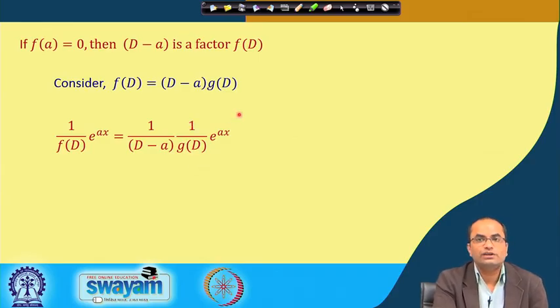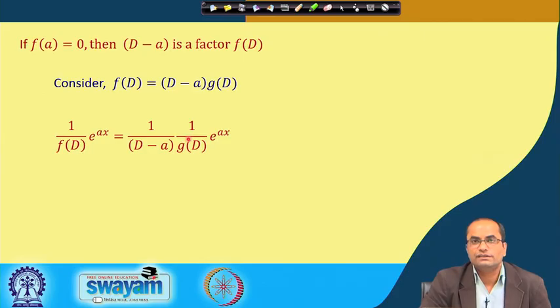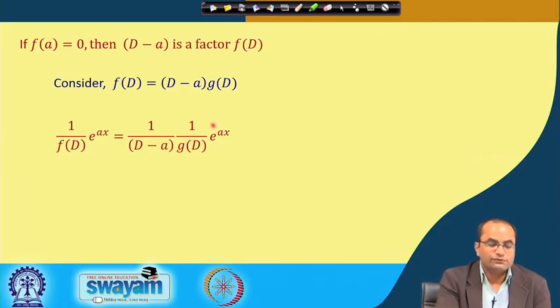Suppose this g a is not equal to 0. If g a is also 0, then we have certainly another factor sitting here in this g d, and that we can again take out from this g d, and this may be the square in that case, and then whatever left here, there we will replace d by a. So, that is the trick we have to do here.